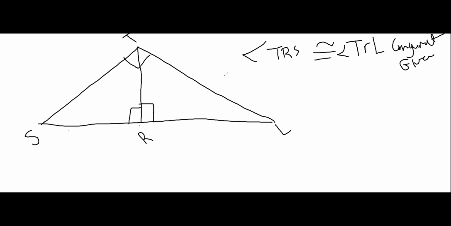In the given, they say that angle TRL is a right angle. So TRS will be a right angle also, because angle R is reflexive. Since they are the same sides and they are in the middle, TRL and TRS, both of them are right angles and they are congruent.